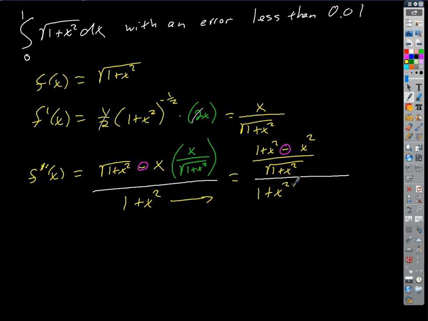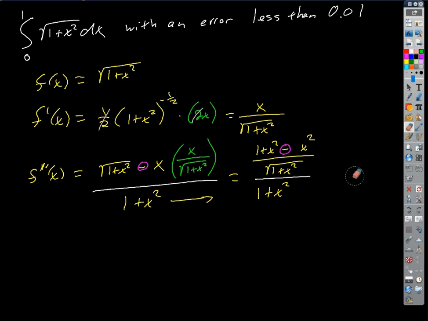Okay, everybody good with that? Once again, we just had to get a common denominator between these two terms, so we multiplied the first one by the square root of 1 plus x squared divided by itself, right?